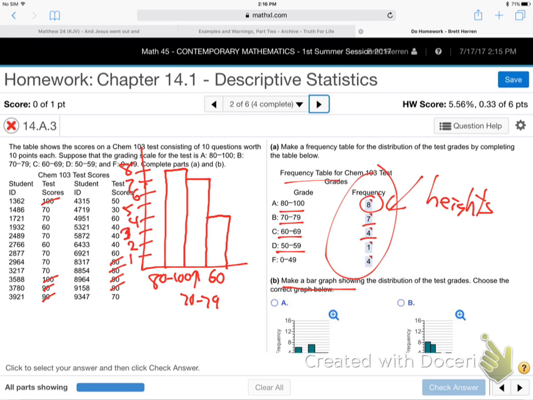And in the 50s, there's 1. And there are 4 that are below that. This zone is 0 to 49. So there would be a bar chart. That makes sense? The heights are just the frequencies. There's a bar graph.